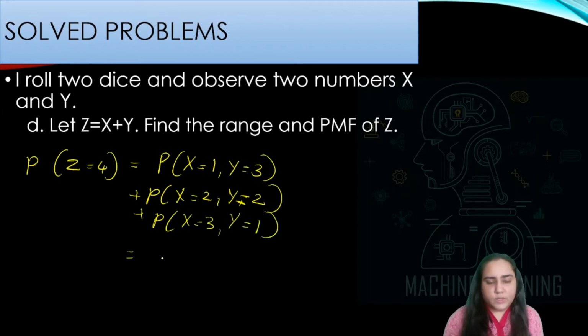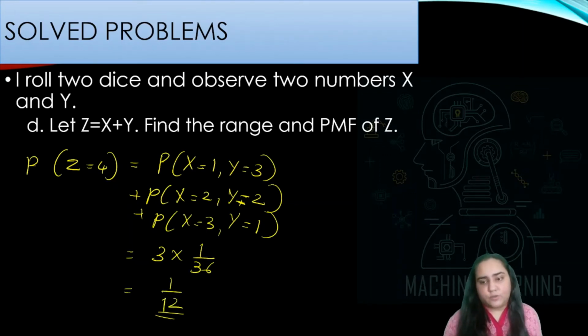There are three things, which means in total you will have 3 times 1 by 36, which is going to give you 1 by 12 again. So this is 1 by 12 for probability of z equal to 4.